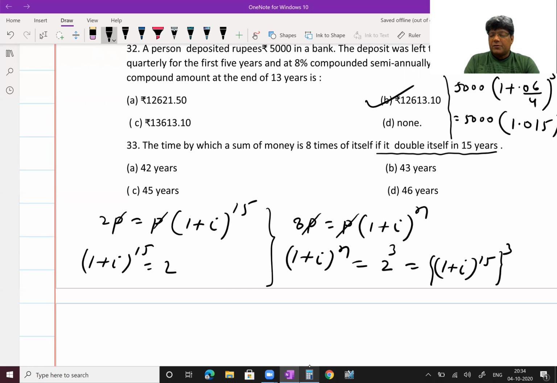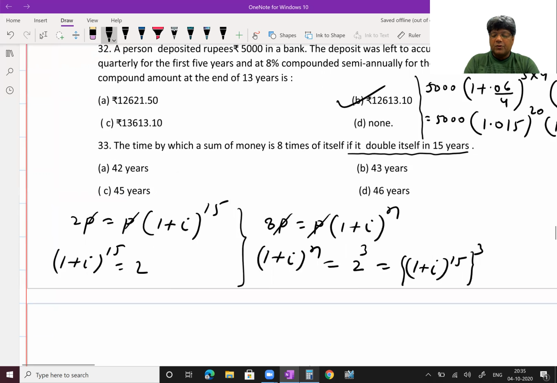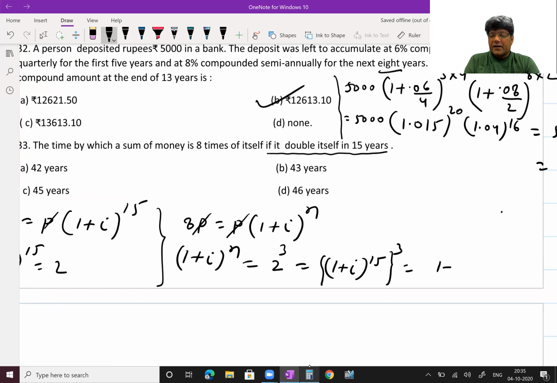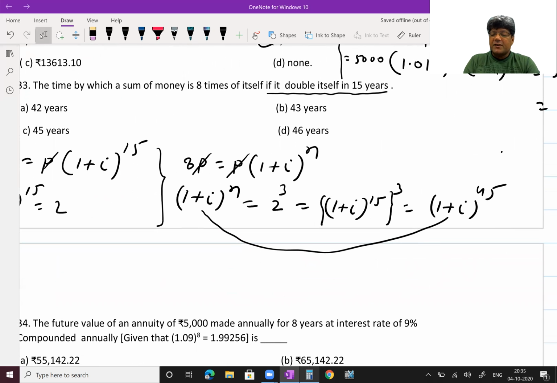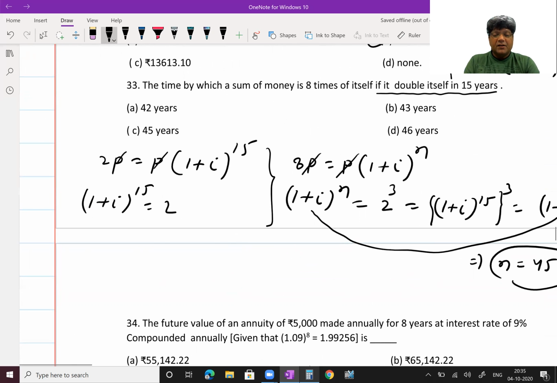This (1 + i)^15 we have written for 2. If you open this bracket, it will be (1 + i)^45. So if you compare the first and the last, (1 + i)^n is equal to (1 + i)^15. This implies n is equal to 45. Any option? Yes, 45 years.